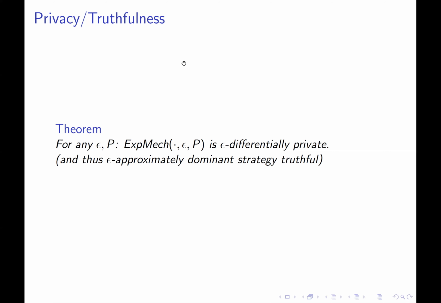And so if we can establish that the exponential mechanism really is differentially private and therefore approximately dominant strategy truthful, maybe we can improve this bound on the revenue for random sampling auctions simply by analyzing the revenue properties of this particular distribution on prices that we wrote down and called the exponential mechanism.